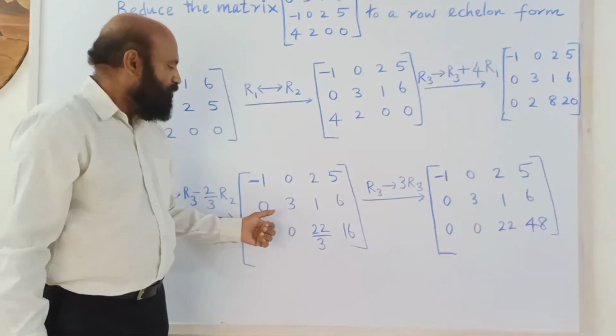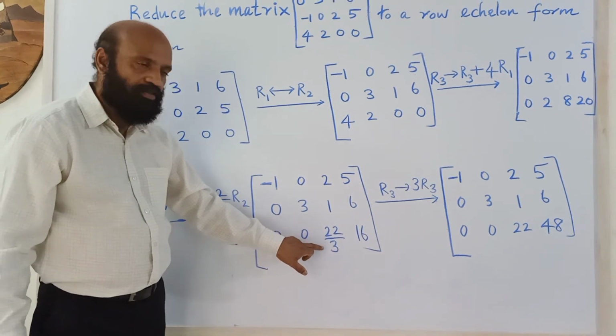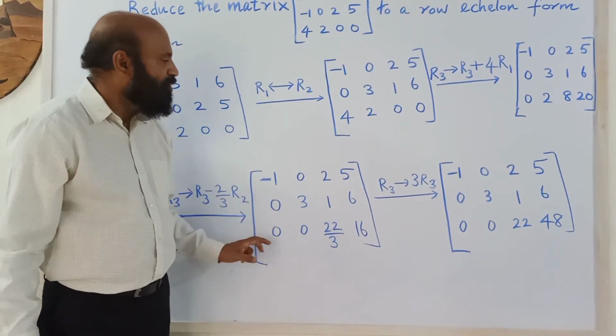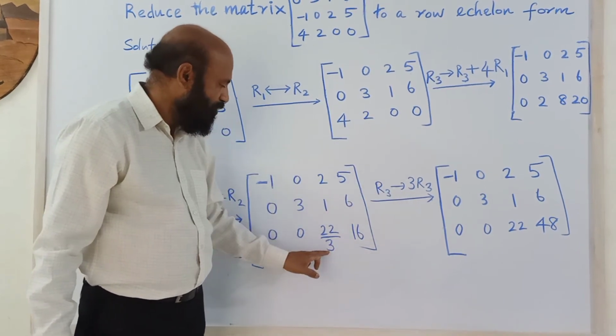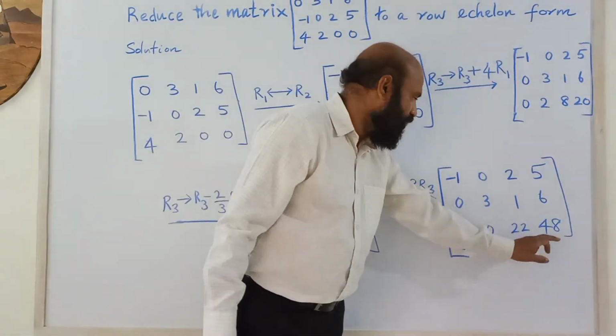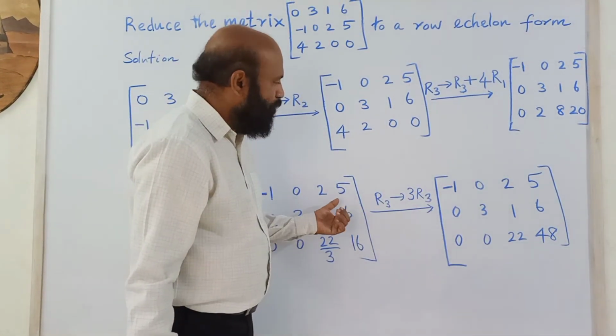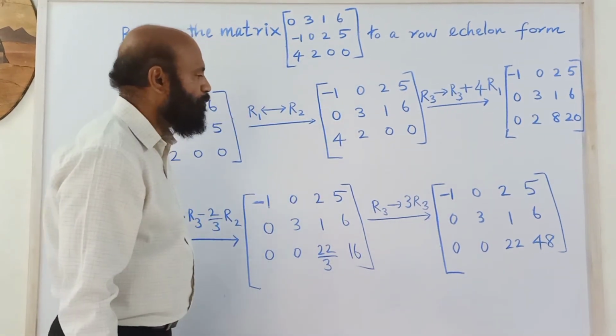So now this is in the row echelon form. Then if you want to remove this fraction, elements of the third row you can multiply by 3. So it will become 22. This will become 48. So this is the row echelon form of the given matrix.